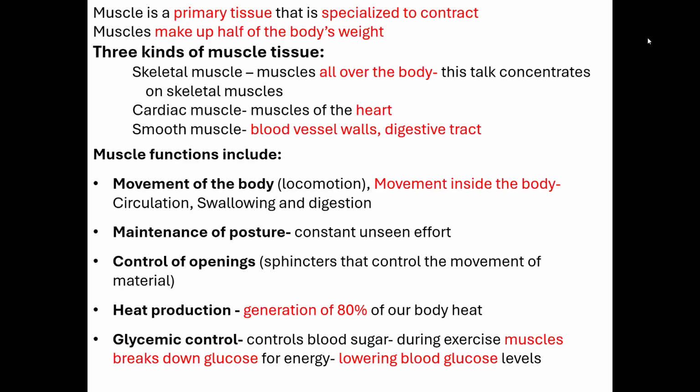This part is not contracting, so the food enters into the second part. That part contracts. It goes into the third part. It keeps moving. So it's pushing food down. So movement is not just when you're walking or running. It's happening all the time. So that's what's happening with the smooth muscle.